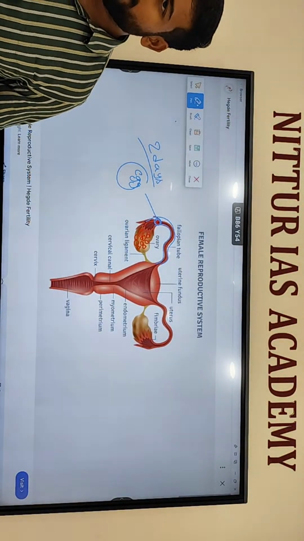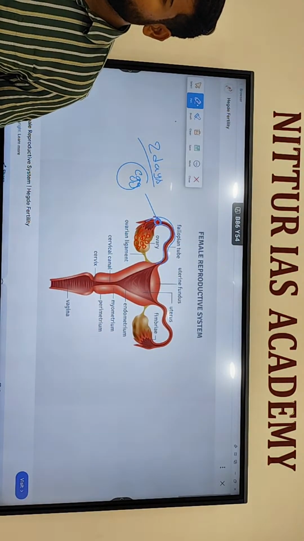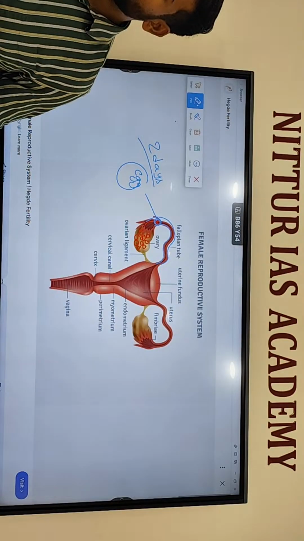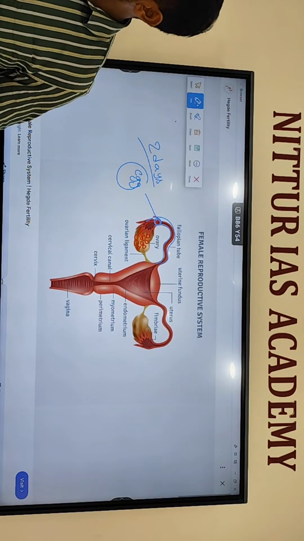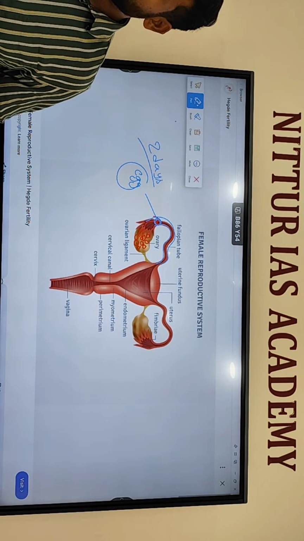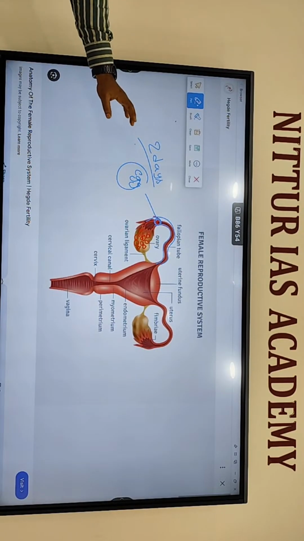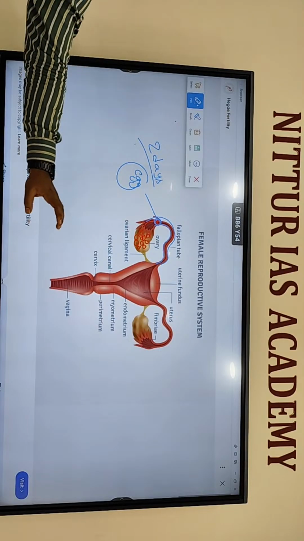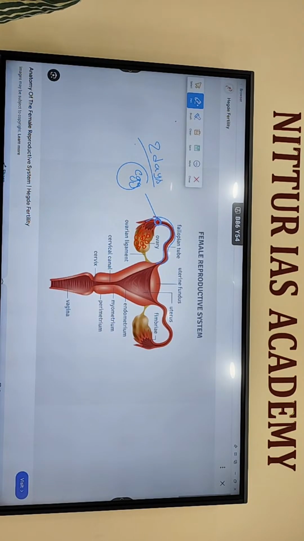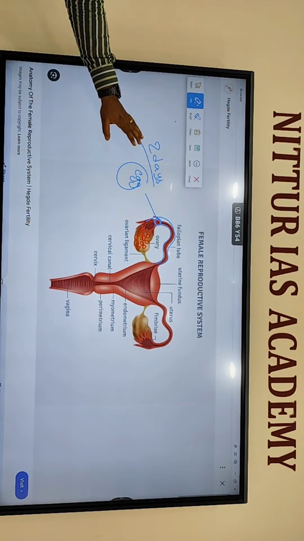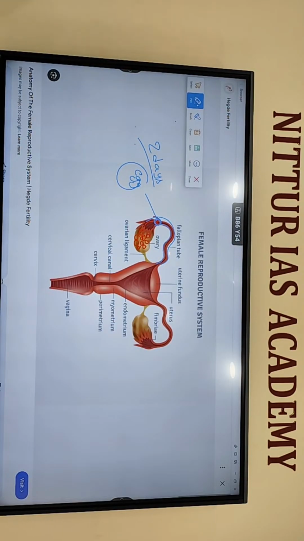Generally, the menstrual period will be around 26, 28, 30 days, right? Take a 28-day gap, for example. In the 28-day gap, the egg will be released on one fine day, generally between the 9th day and the 15th or 20th day. And the released egg will stay for only 2 days.